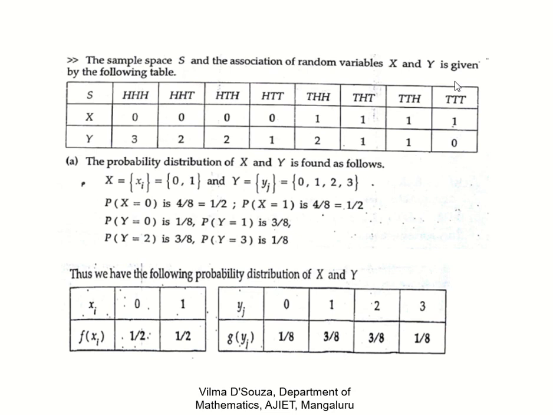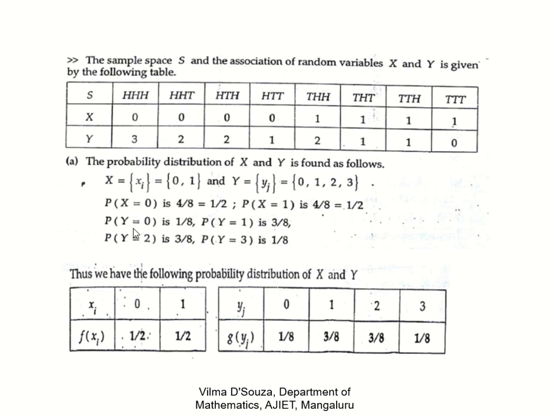So in that 8, the number of occurrences of 0, the probability of X equal to 0, is 4 out of 8. So what is the probability of X equal to 0? 4 by 8, that is half. Probability of X equal to 1 is 4 by 8, that is also half.